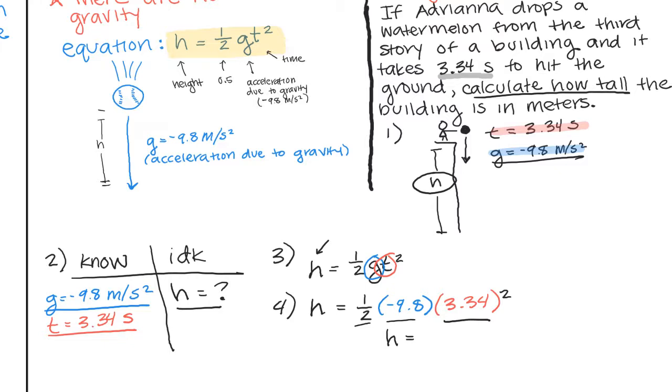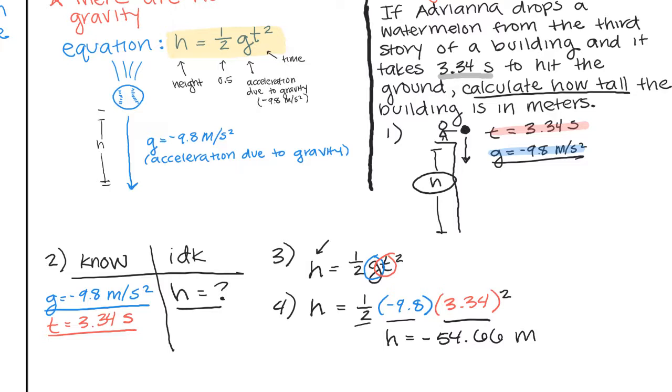Again, make sure you are following the correct order of operations here. And you should get that the watermelon fell negative 54.66 meters. Okay, so that looks a little funky with that negative sign.